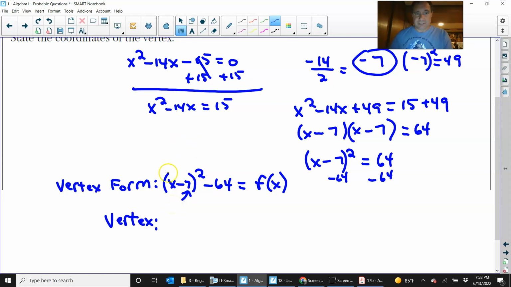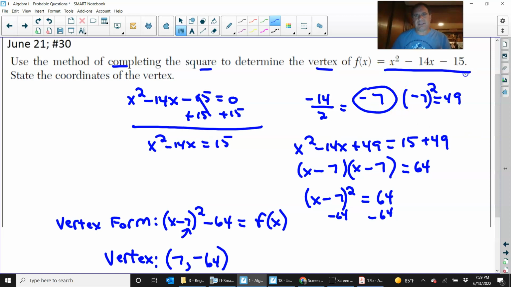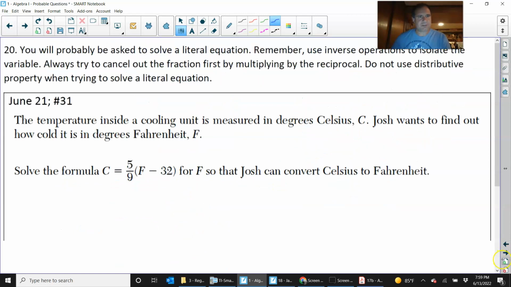See how it's a −7? It is 7. And then you see this −64, that stays the same. That is the vertex. You could always put this into the calculator to check it and see the vertex. We're just not going to do that now. We just don't have the time to do it now.